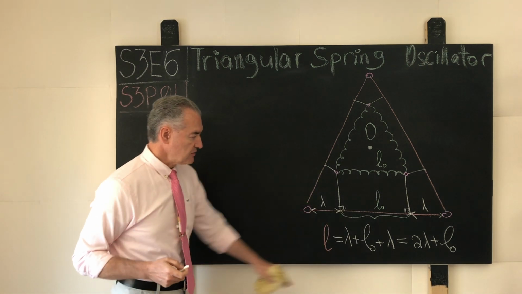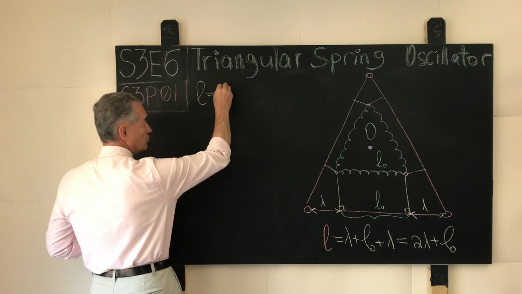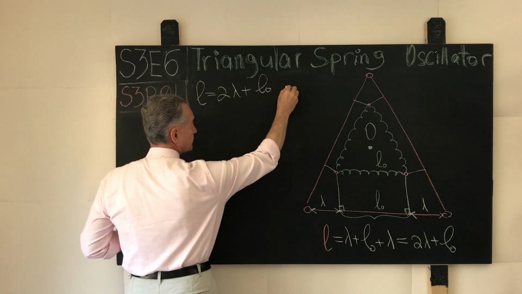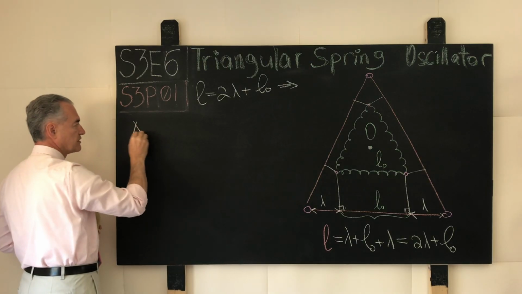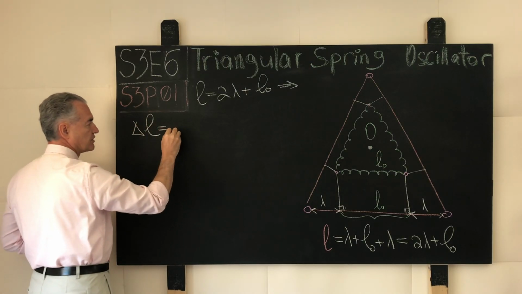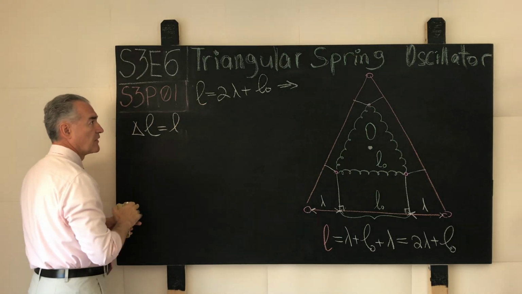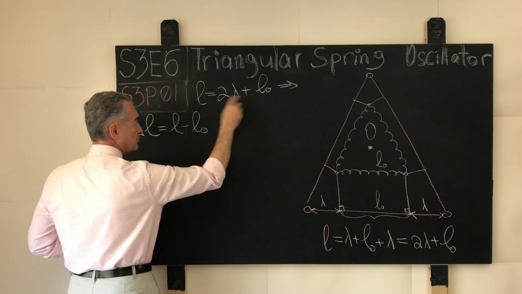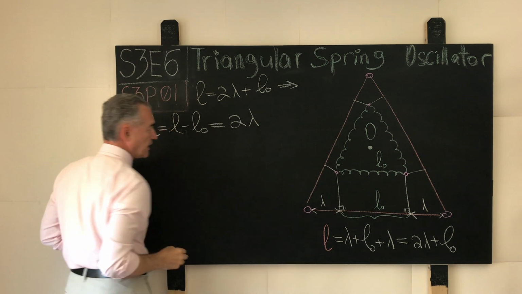And then what do we have? We now have L is equal to 2 lambda plus L0, and from here it follows what? That delta L, which is computed as the difference between L and L0, that is L minus L0, from this relation we instantly have 2 lambda.